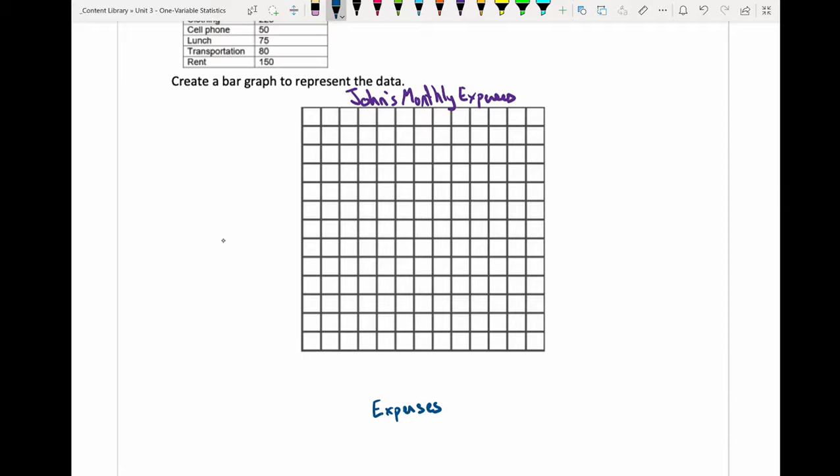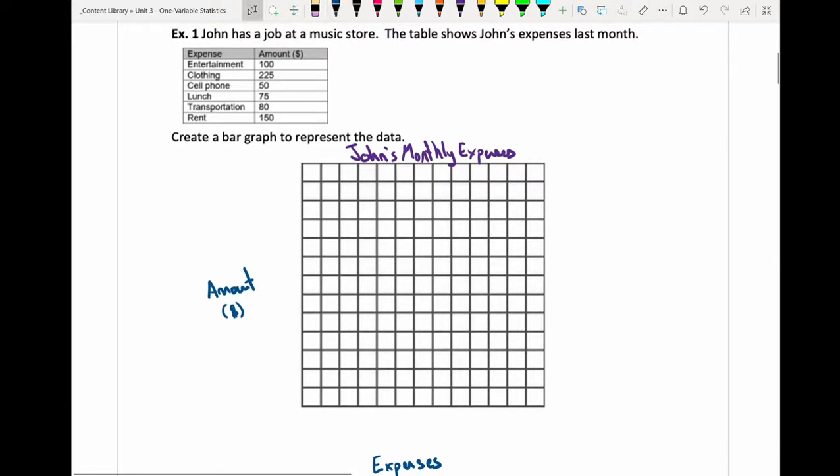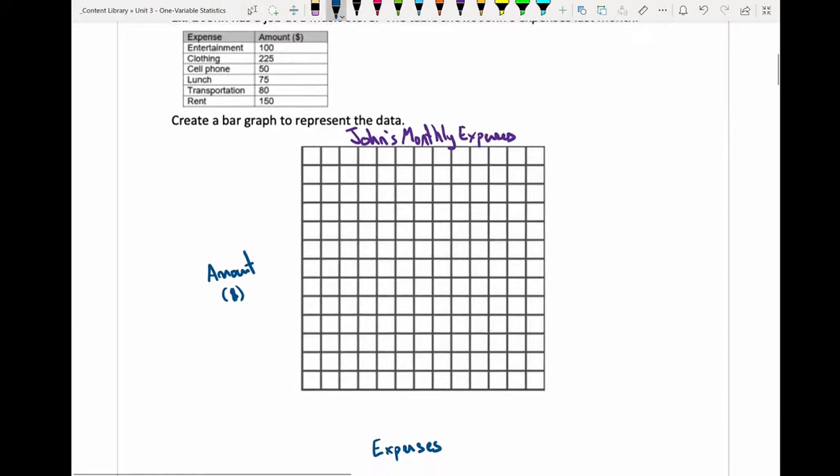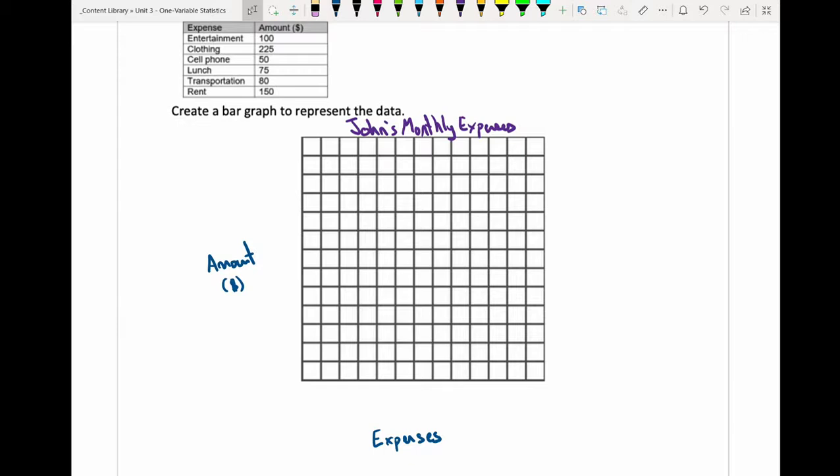And the dollar amount is going to be on the side. This is typical of a table, right? The first column is usually your x-axis. The second column is usually your y.